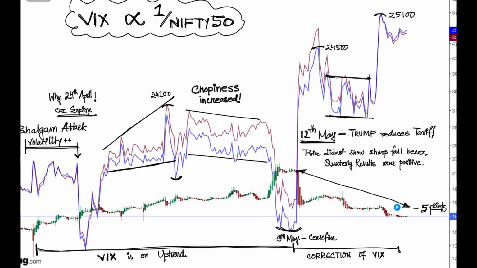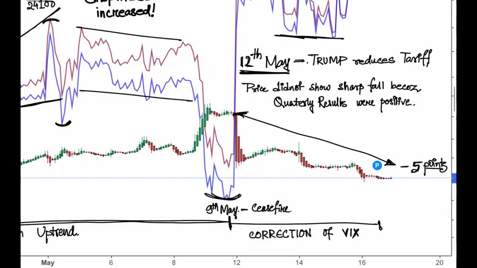But we didn't see a fall during the previous days because India was a dominant nation among the two conflict nations. Okay, now this 12th of May had a lot of geopolitical confluences favoring it. First of all, Trump reducing tariff on China, and that being positive news for India, being in the Southeastern Asian region.